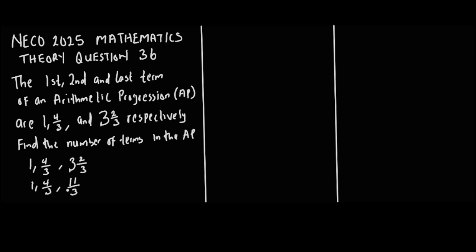How did I get this 11 over 3? You convert this mixed fraction, 3 whole number 2 over 3, to an improper fraction. So basically, this is what the arithmetic progression looks like: 1, 4 over 3, 11 over 3.